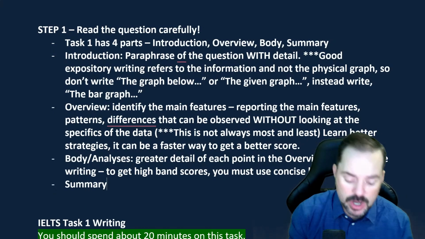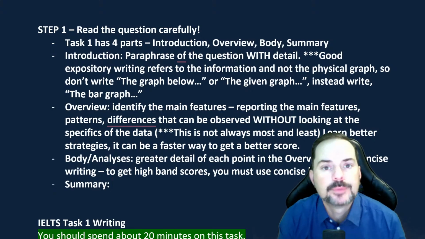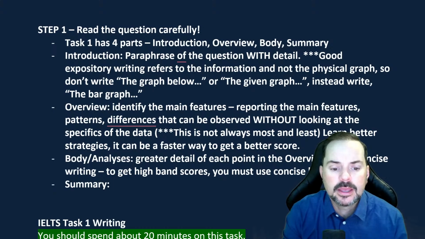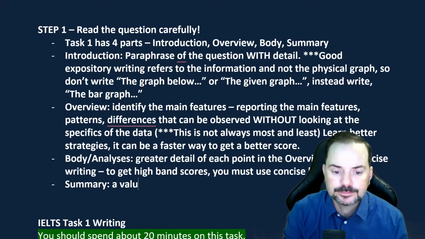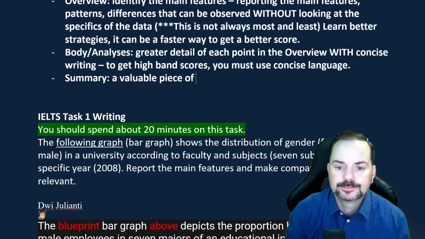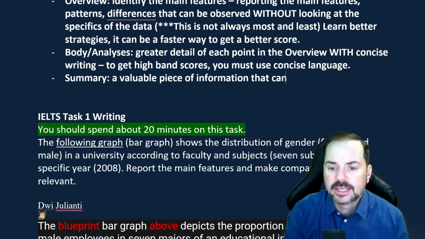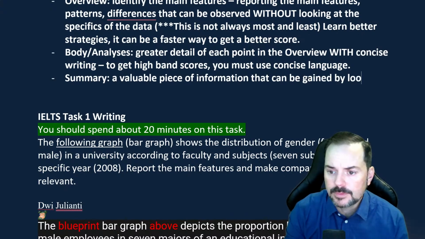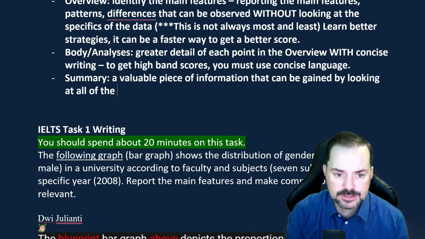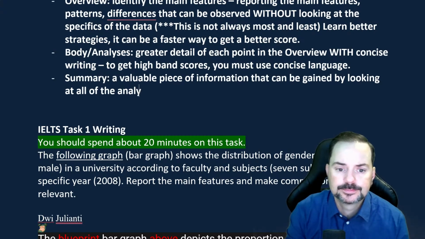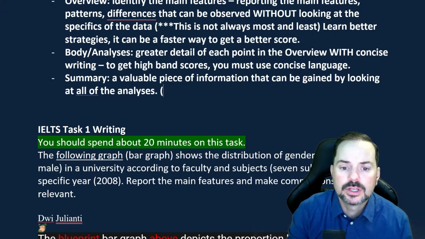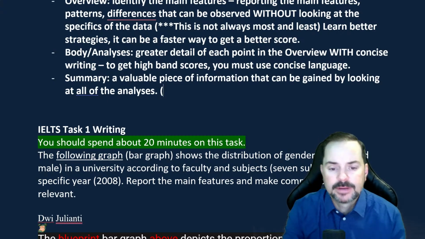A summary is not a conclusion, but it's an overall piece of valuable information that can be gained by looking at all of the analysis or analyses, okay? It is not a conclusion, and you can include this as the last part of your body paragraph.